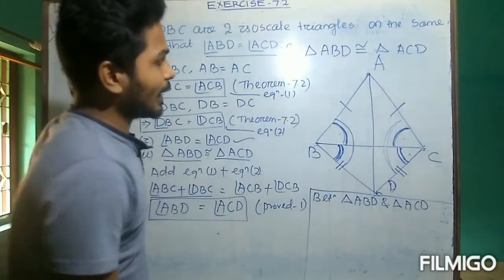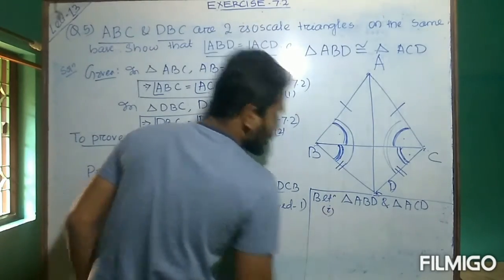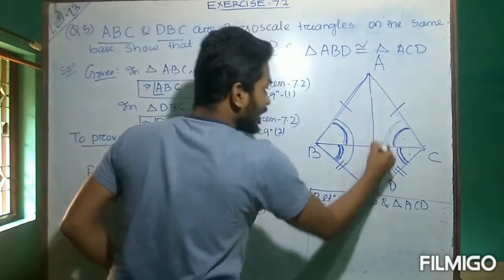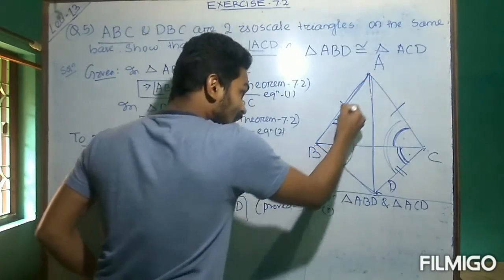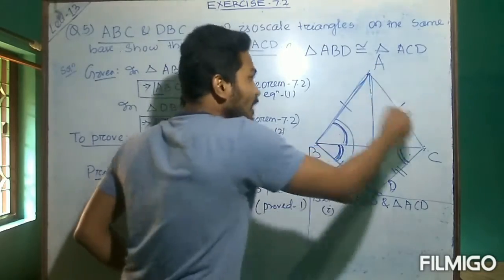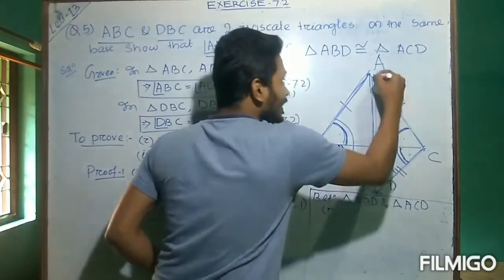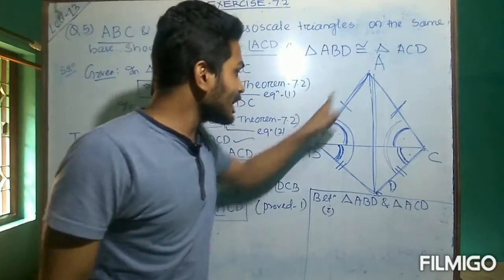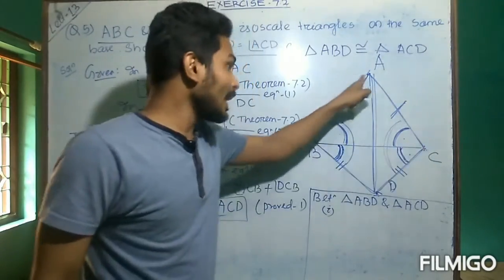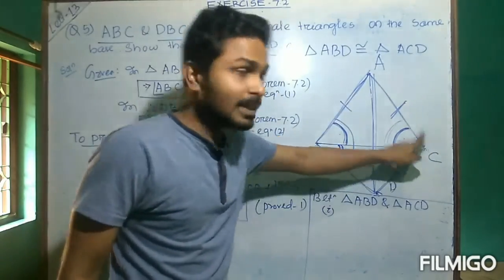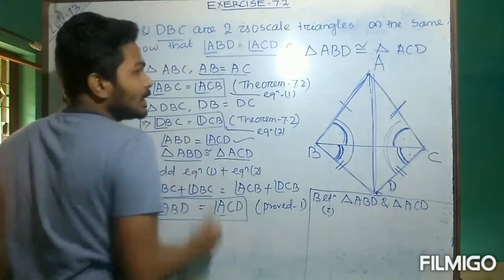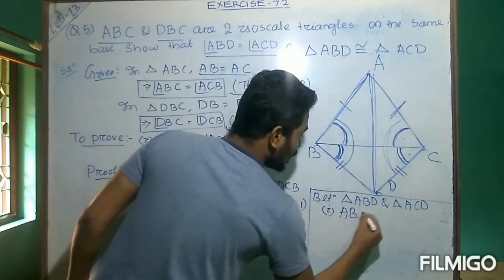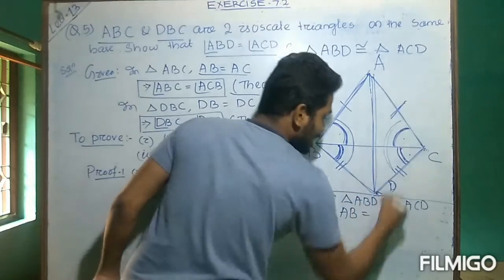First thing is, as you can see, in this triangle ABD, this side AB is equal to, in this triangle ACD, this side AC. Why? Because it is given that ABC is an isosceles triangle and AB is equal to AC. It is given. So for the triangle ABD, we can write AB is equal to AC for the triangle ACD.